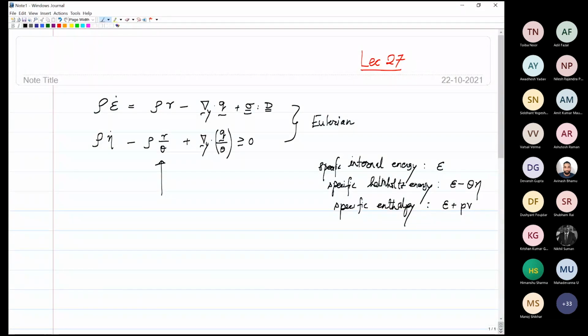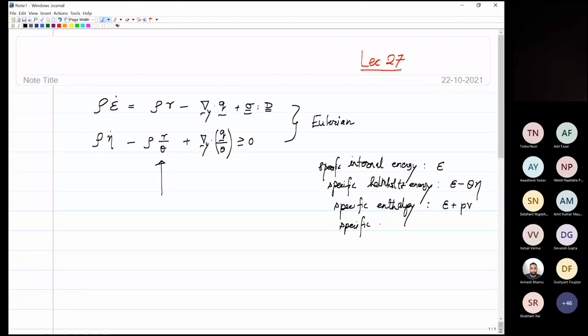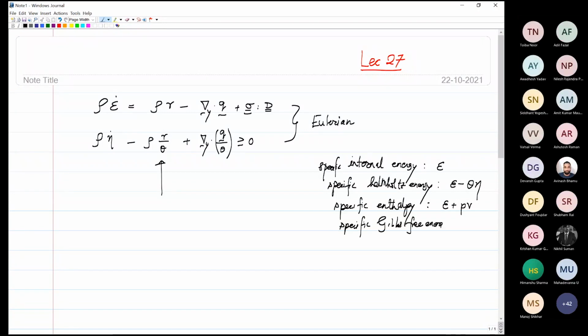And finally, we have a specific Gibbs free energy, epsilon plus PV minus theta eta. So there are several forms of energy which are relevant depending on what kind of process is going on. Here I want to write this in terms of the specific Helmholtz energy, because that is more relevant when you have thermoelastic processes going on where the temperature of the system is also changing.